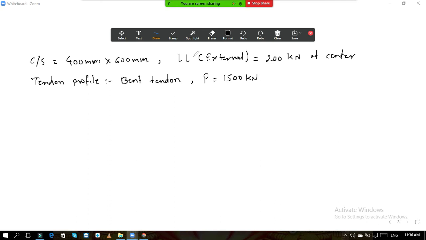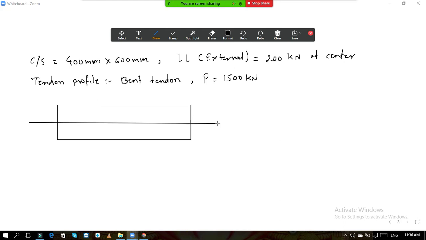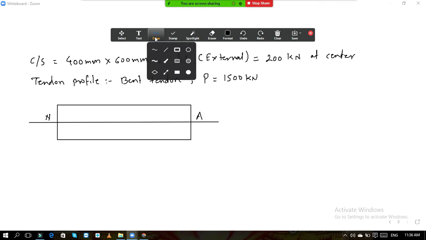And then the span, I will draw the diagram so that you will get other details. So this is our beam. Here is the neutral axis. Now I will draw the tendon profile.